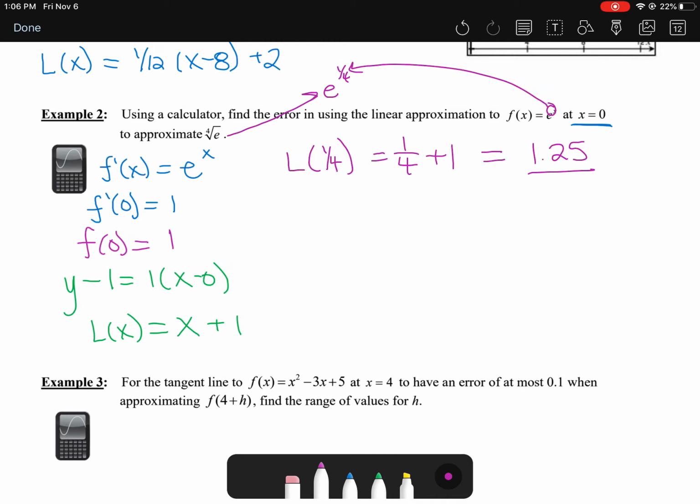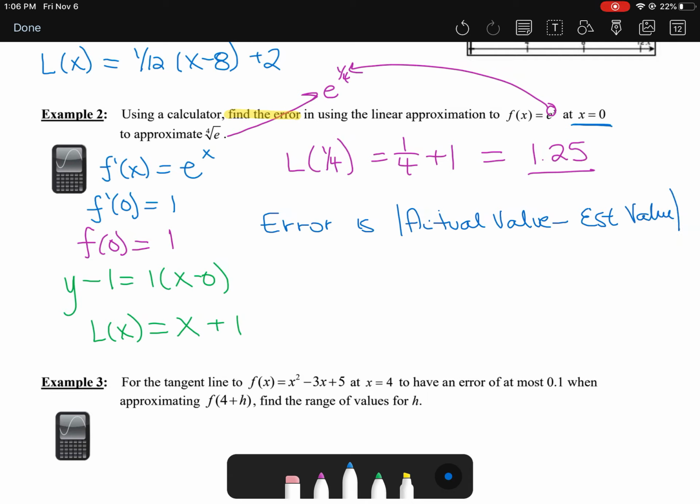Now I need to find the error. Okay, well, in order to find the error, your error is the absolute value of your actual value minus your estimated value.